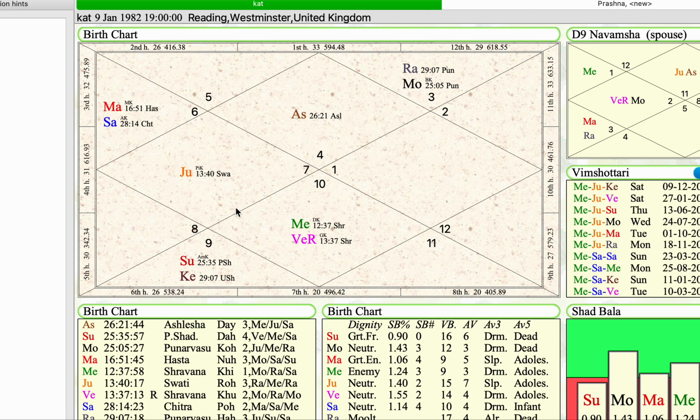But still, here also Jupiter, lord of the ninth house, though it is not in the Kendra, it is still in the trine to the moon, and it also gave a huge Samrajya Yoga to Princess Kate. Like you can see that also.